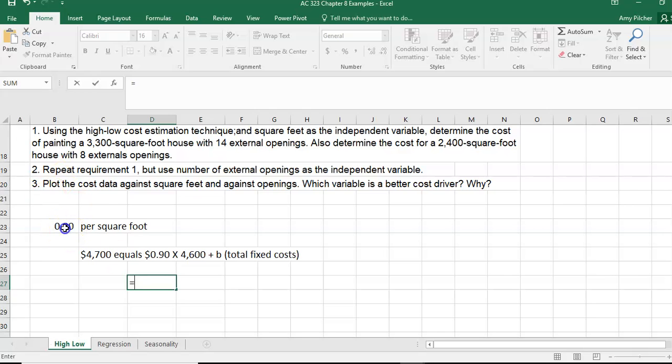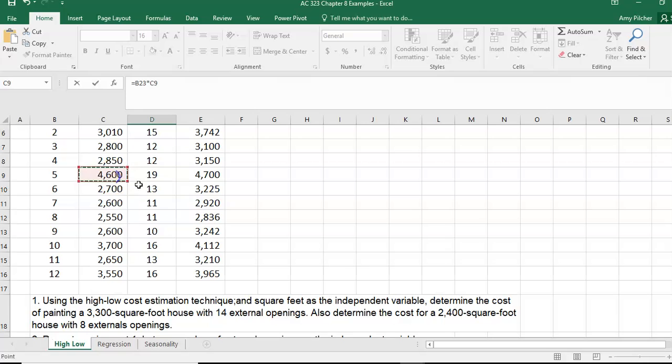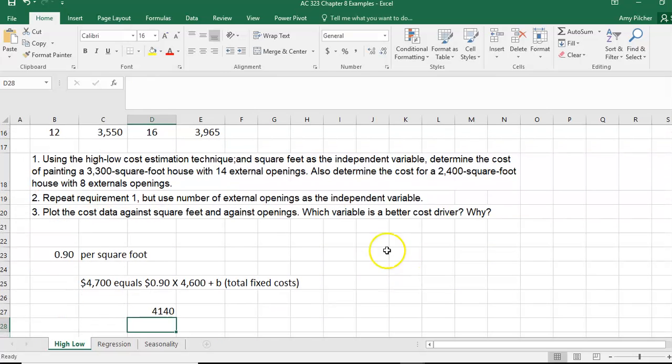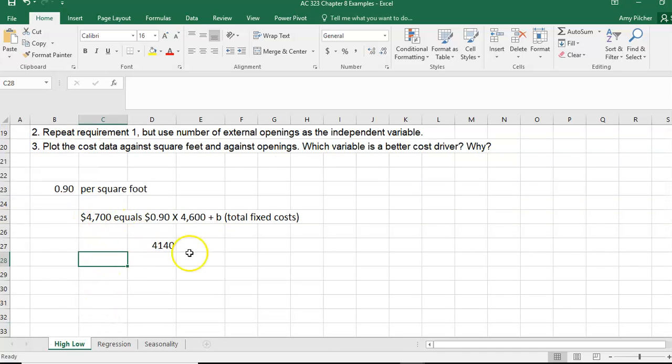So 90 cents times 4,600 square feet is $4,140. We need to get that on the same side of the equation, so we subtract 4,140 from each side, or 4,140 from 4,700.